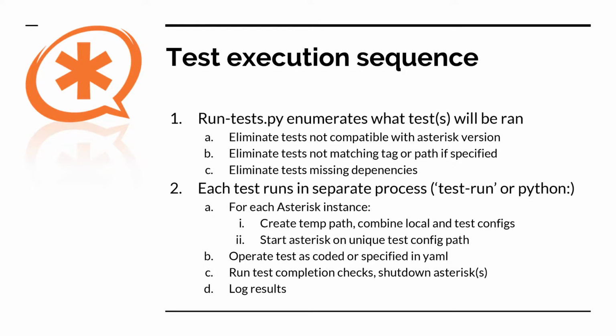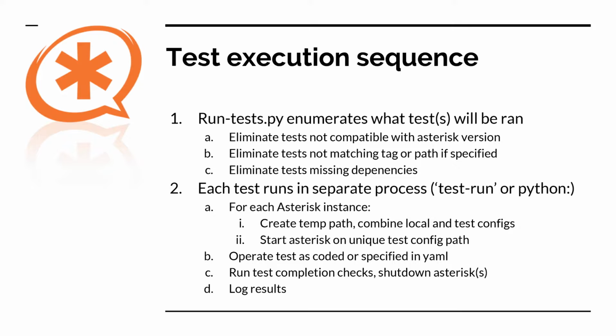And it starts eliminating tests that it can't do: if a test is not compatible with the Asterisk version you have installed in the system, if the test doesn't match the tag or path you've given, or if there are dependencies specified in the test YAML, such as, oh, I need func_curl to do this test, and you don't have func_curl installed in Asterisk. Or maybe I need SIPp to do this test, and you don't have SIPp installed. It will actually mark that test as, I can't run this test because of a dependency. And it'll tell you that as it's going through and running them.